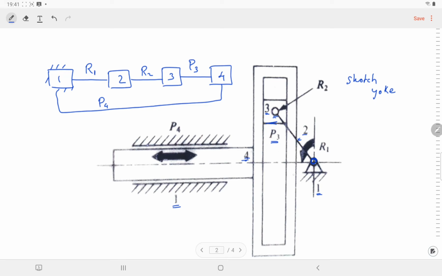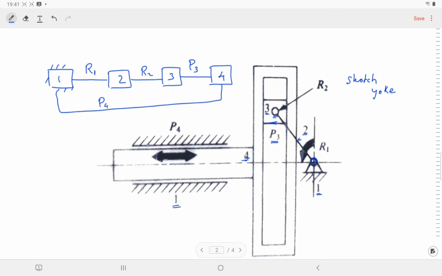Finally, by having an oscillatory motion, we are achieving an oscillatory straight line motion from a complete rotation, which looks very similar to the slider crank mechanism, but there is a difference which we will learn when we learn the displacement analysis.